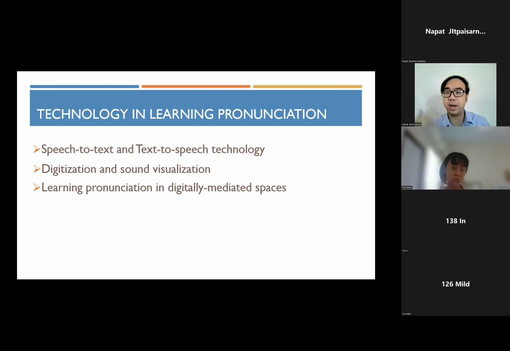When we talk about pronunciation, we may think of something to hear or something that we listen to, but actually we can view or see the abstract unit as a more concrete unit of speech analysis. And the last one is to share with you some strengths of learning pronunciation in digitally mediated spaces.